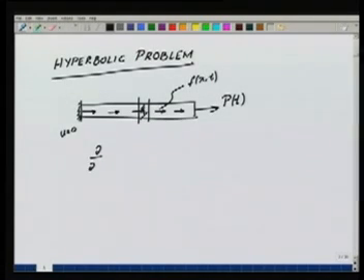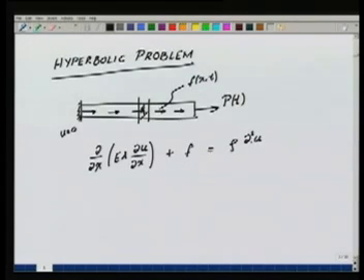del x of EA del u del x plus F is equal to rho del squared u del t squared. Wherever I have a derivative with respect to x, I will write it as a prime. Prime will indicate a derivative with respect to x.